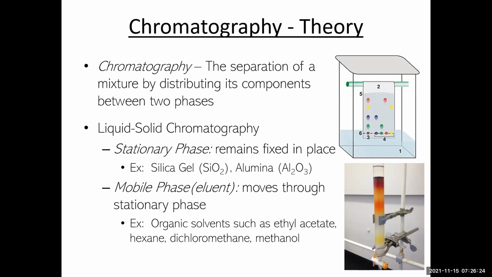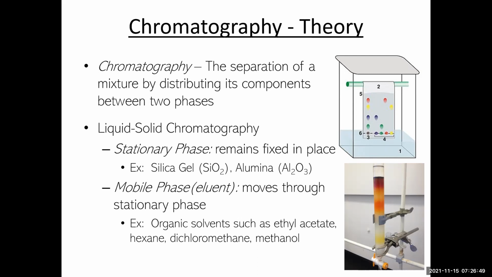You've also learned about extraction, which is a way to separate compounds based on their affinity for an aqueous or an organic phase. And we talked about acid-base extraction, which is one main type of liquid-liquid extraction that's used in organic chemistry. So there are many ways to separate, and one really important way is to do chromatography.